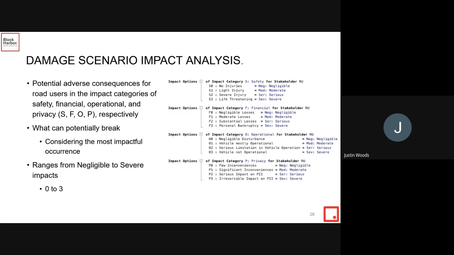You can't make those leaps in judgment, but you can use your best understanding of how things might happen to come up with a realistic worst case scenario, and then match those accordingly with the SFOP here.